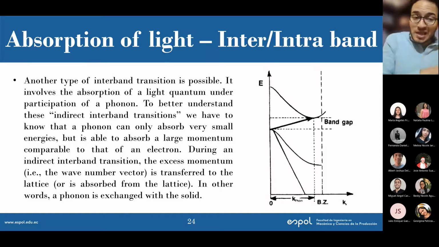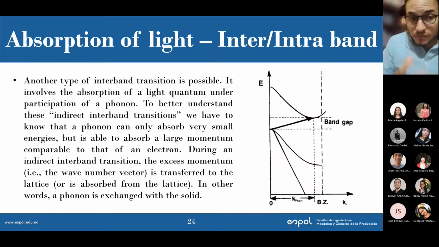Here it is basically the same. A phonon can come and hit the solid. The problem is that a phonon cannot absorb high energies. However, it can absorb a large momentum. So that excess momentum can be transferred to the lattice. The phonon comes, hits the solid, and generates a very large momentum. That momentum is absorbed by the solid, and then electrons are able to jump. So it is an exchange between the solid and the phonon.